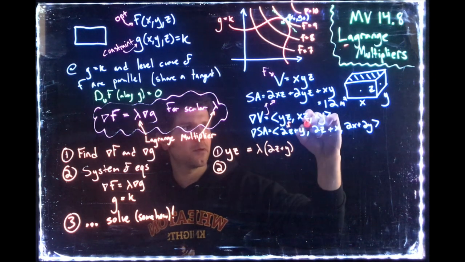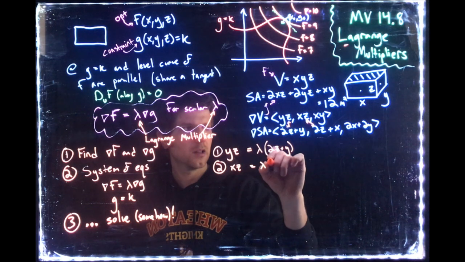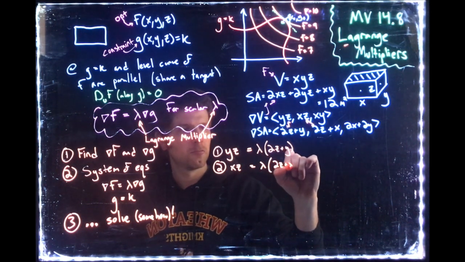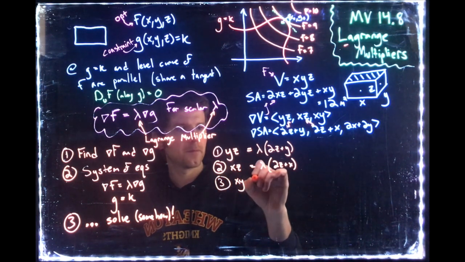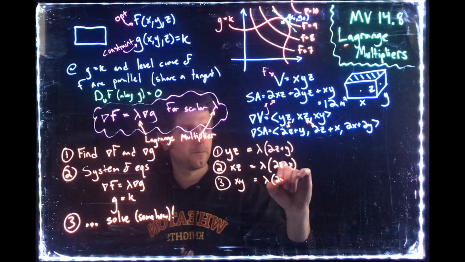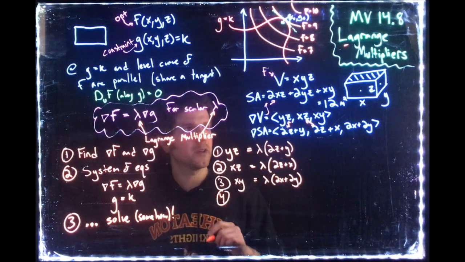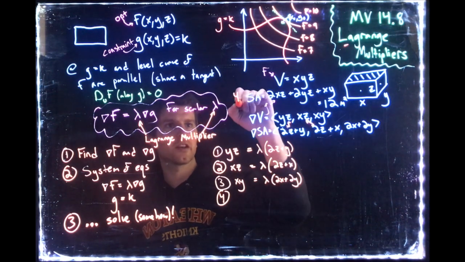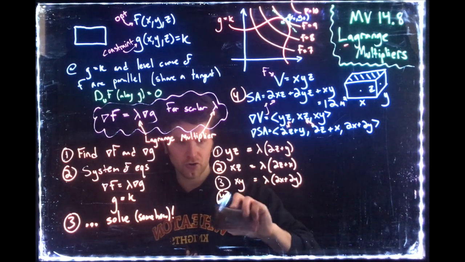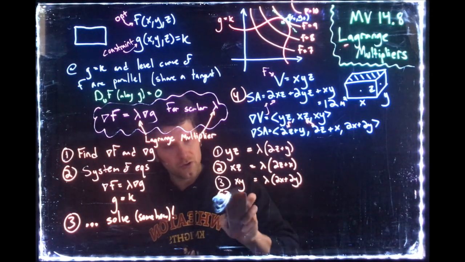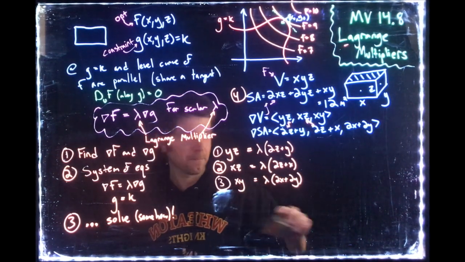If I look at my second component, I'm going to get xz equals lambda times (2z plus x). I'm going to get xy equals lambda times (2x plus 2y). And my fourth equation is my constraint equation. So I guess I can actually just write 4 up there. My fourth equation is my constraint equation.